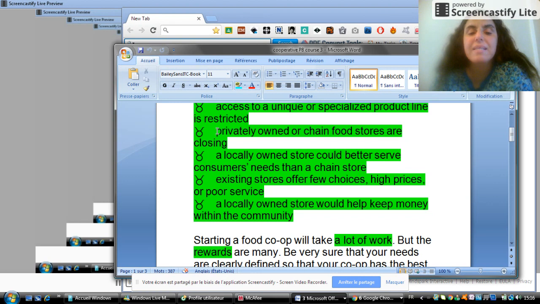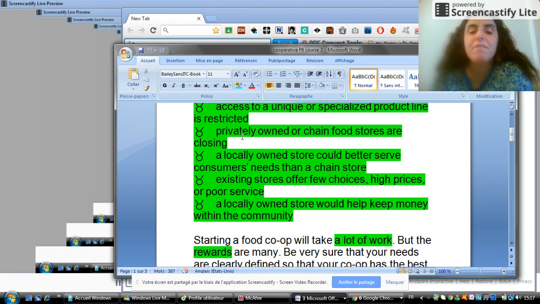Now, the second element that should be considered by the two individuals who might consider establishing a cooperative in their neighborhood. Privately owned, you read with me here what is written on the screen before I explain it. Privately owned or chain food stores are closing. Let us assume that at Salam, which is a geographical zone, a district, some people call it also an authority, people cannot have access to a particular product because the food store or food stores, that is supermarkets, have closed.